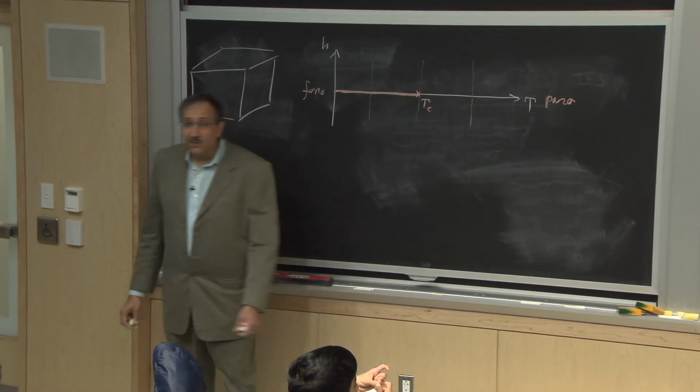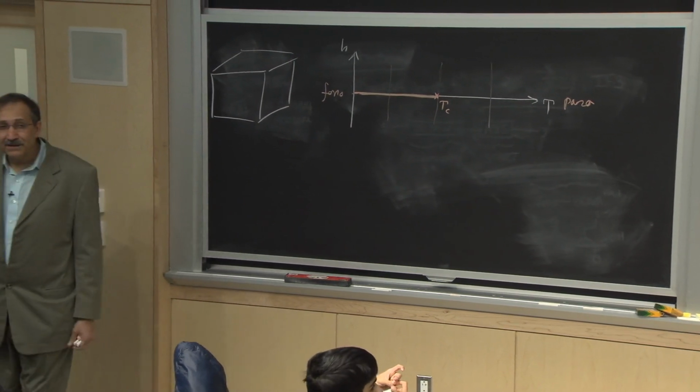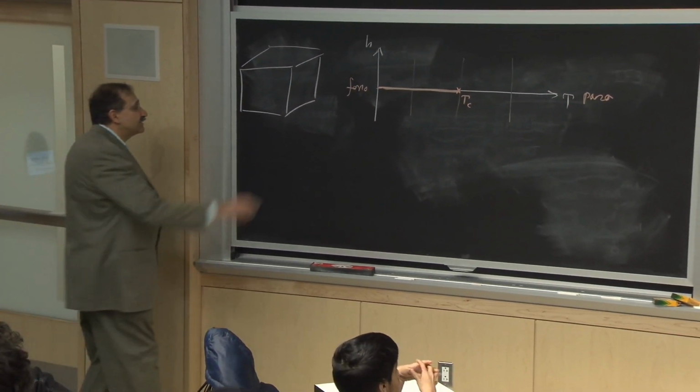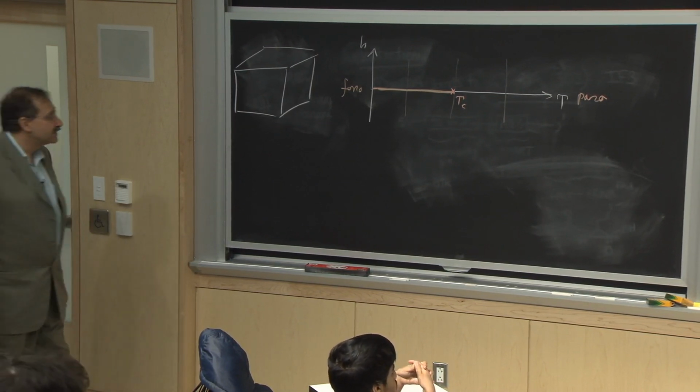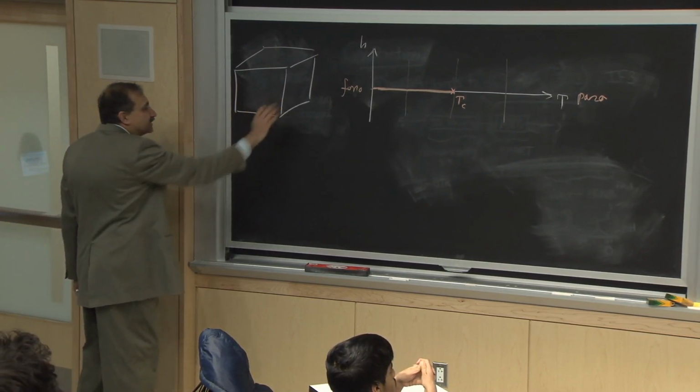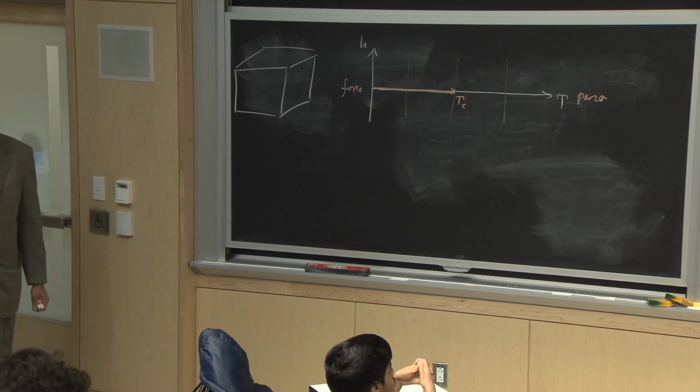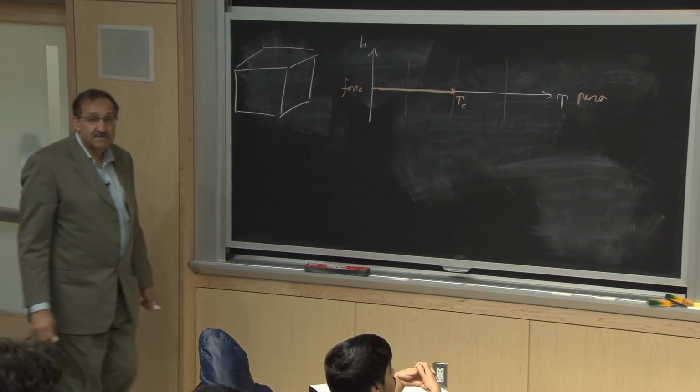We also said that once you have infinite susceptibility, you can pretty much conclude that you're going to have long-range correlations across the sample, so that if you make a fluctuation here, the influence is going to be felt at large distances away.